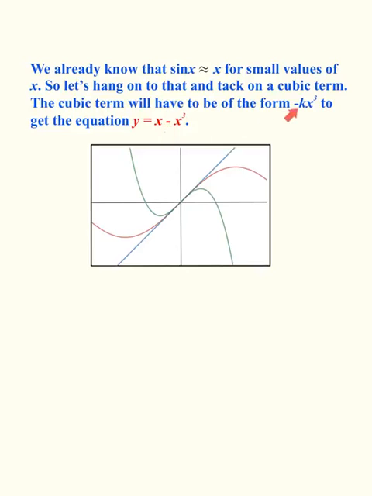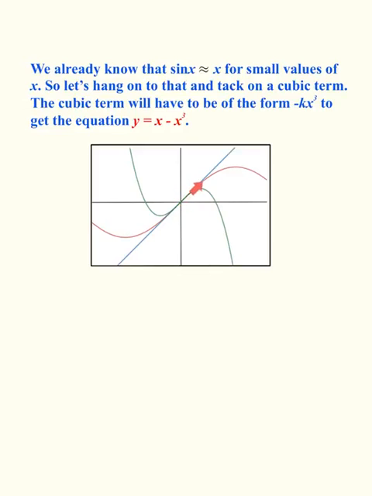It's negative k because we want to think about end behavior. To the left, we need our graph to go up, because our sine function goes up to the left and down to the right. Up to the left and down to the right means that our cubic function needs to be a negative cubic function.